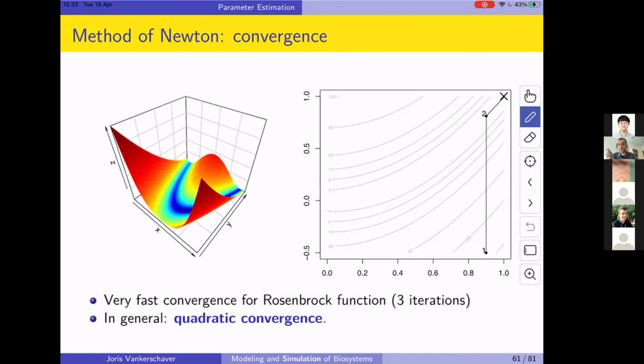So you start with a random guess, you do the method of Newton 3 times, and you get right at where you want to be. Not on the dot, but very, very close. Okay, so we'll talk about that next time.